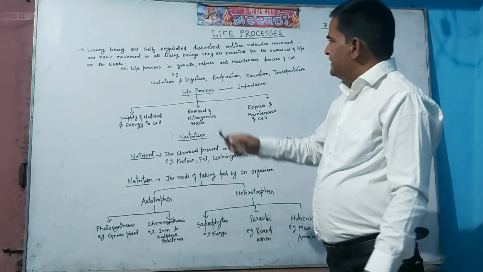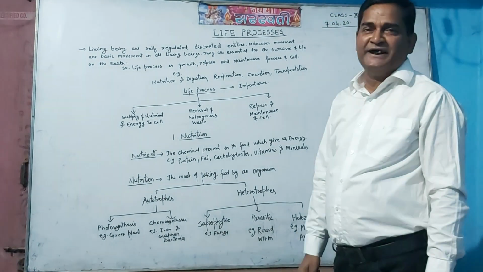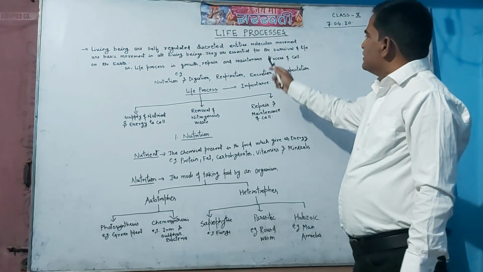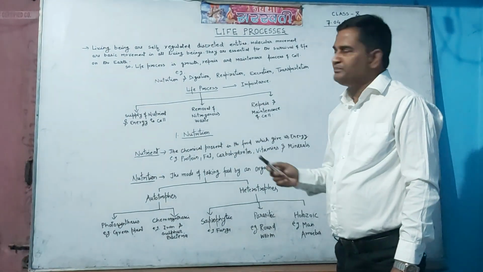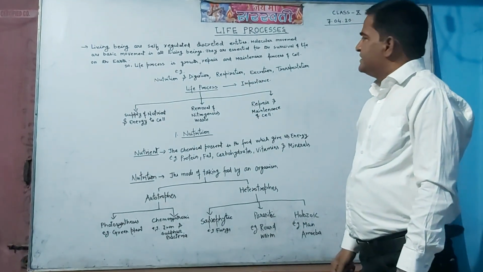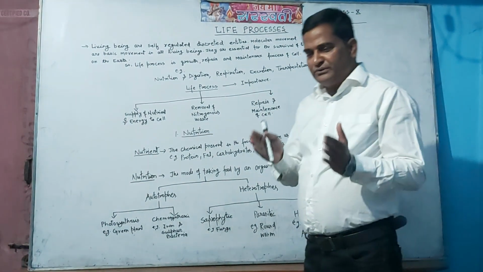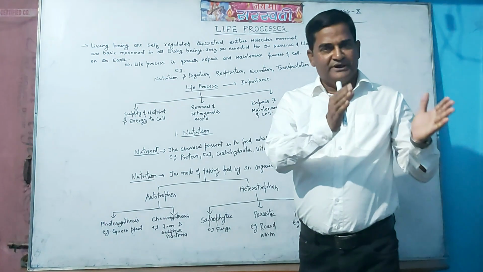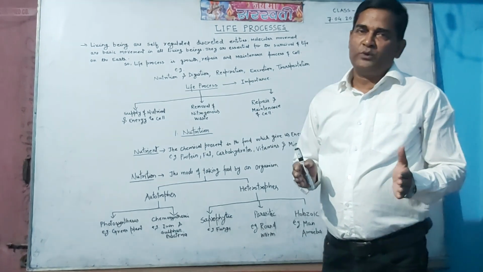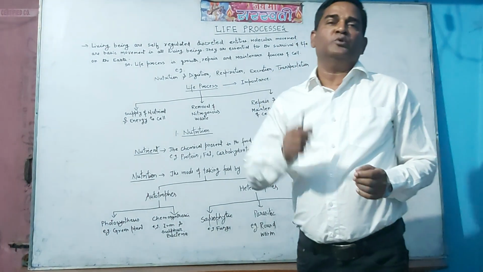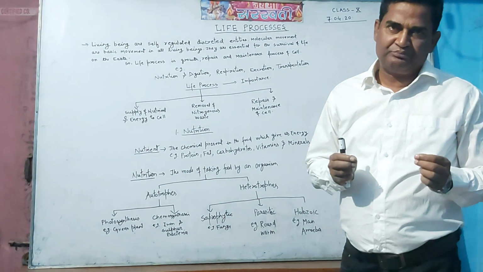As you know, children, living beings are self-regulated discrete entities. Molecular movements are the basic movements in all living beings. They are essential for the survival of life on earth. We know that there are some living and some non-living things. Living beings require some molecular movement, and the smallest unit of a living being is the cell.